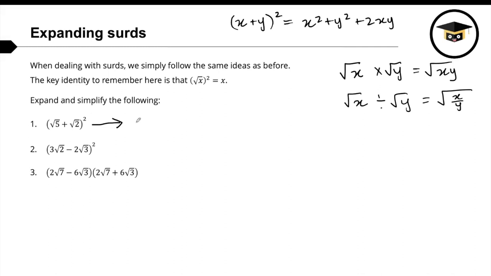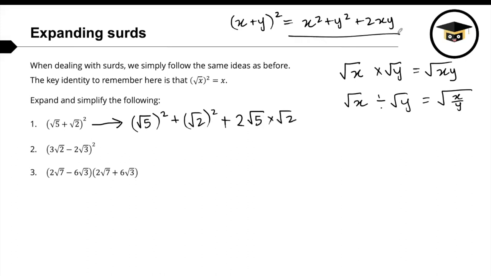So let's just plug it into the formula. So we have root 5 all squared plus root 2 all squared, and then plus 2 times root 5 times root 2, right? So I've just plugged it into this formula over here.